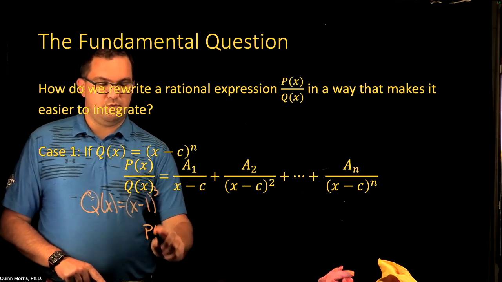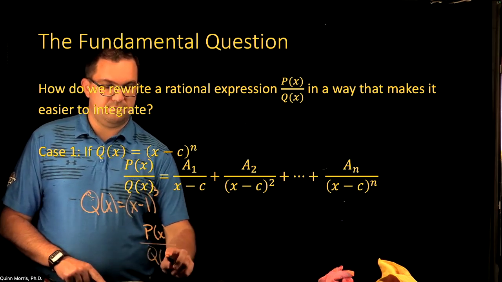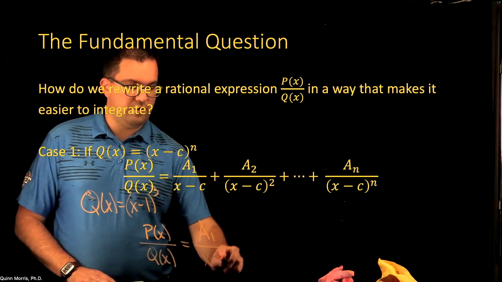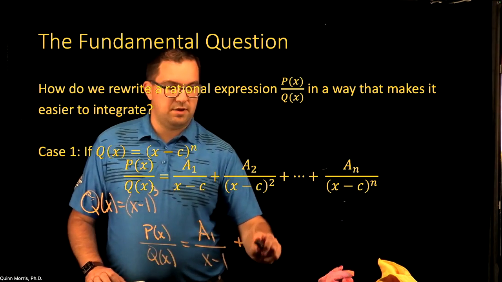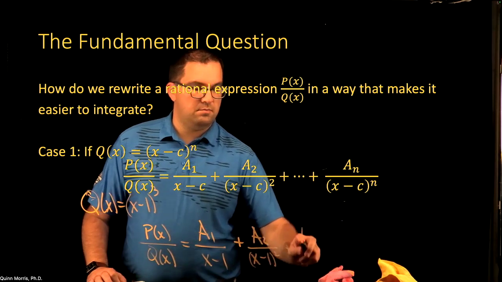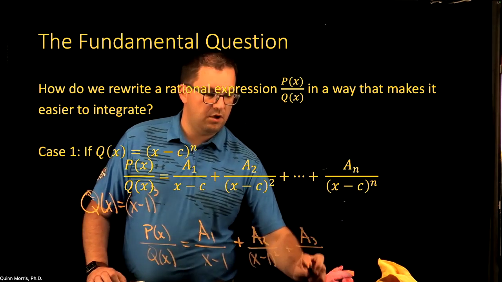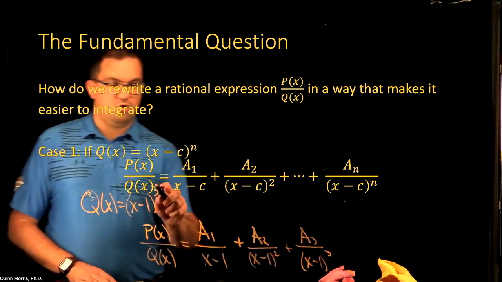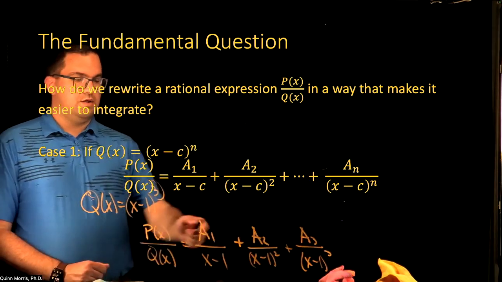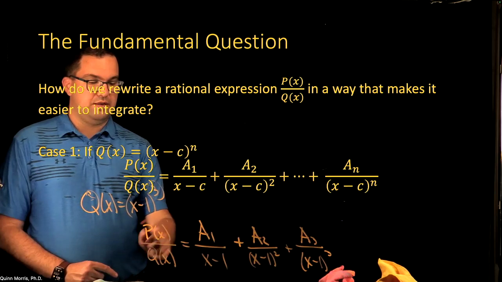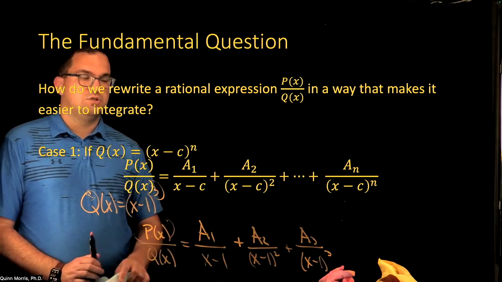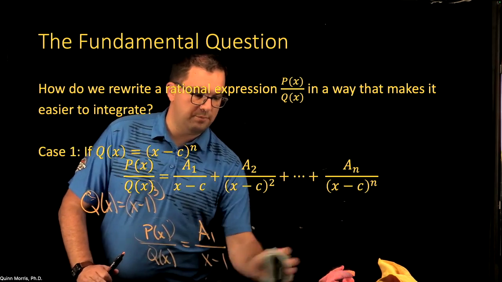Then what this tells us is that we should be able to rewrite this in the form some number a1 over x minus 1 plus some other number a2 over x minus 1 squared plus some other number a3 over x minus 1 cubed. So I go all the way up. I have a term for each power of x minus 1. And in the numerator, I just have these constants. And now, depending on what P of x is, I'm going to see if I can figure out what those constants are. Okay, so let's actually see how this works through a particular example.